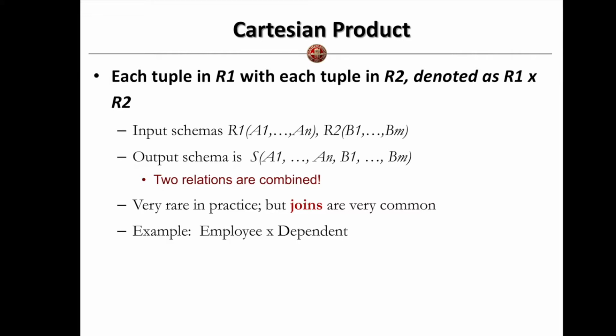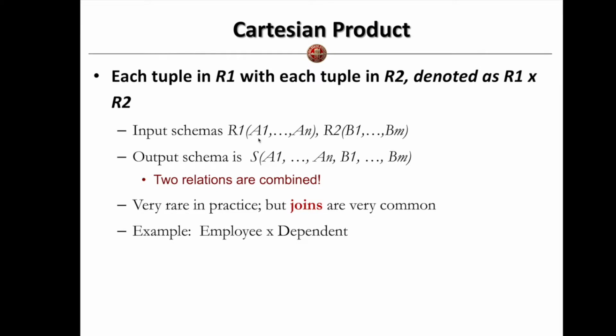However, what about the schema of the output relation? We can formally represent the schema of the product between R1 and R2 as S. S is another relation, the output relation, right? For S, it has A1 to An and B1 to Bm as the attributes. You see this, right?